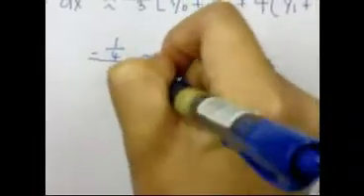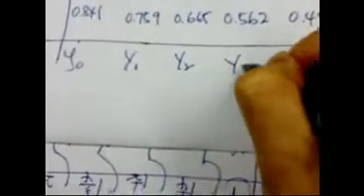So for your y0, you just take a look at 0.841, this is y0, y1, y2, y3 and y4.